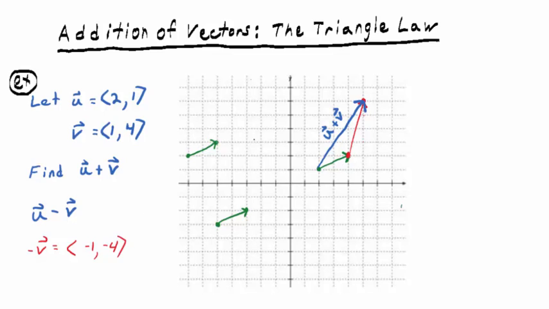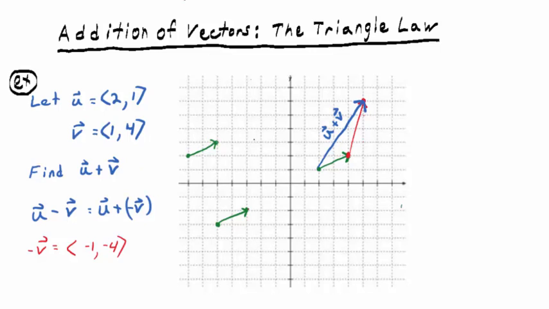So all I have to do is think of u minus v as u plus a negative v, and use the triangle law once again to do that addition. And that'll be u minus v. So, okay, what I do is I take the tail of negative v and put it on the tip of u.